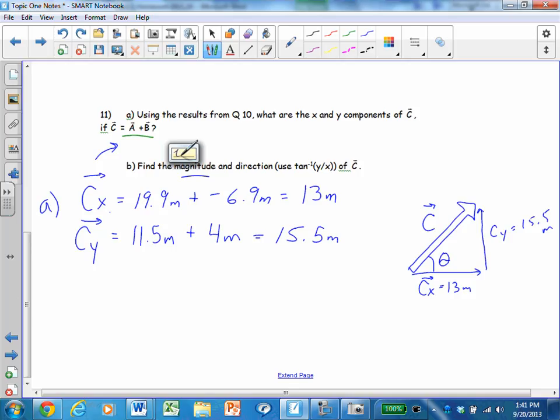Okay, my mistake. How do I find C? Pythagorean theorem to get the magnitude of C. It's just the square root of the sum of the x vectors squared plus the sum of the y vectors squared.